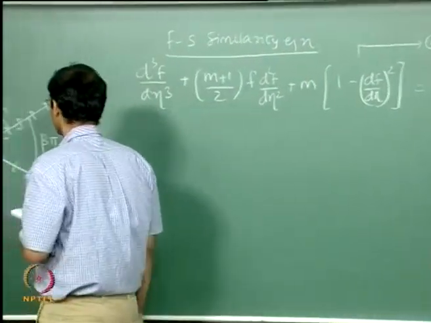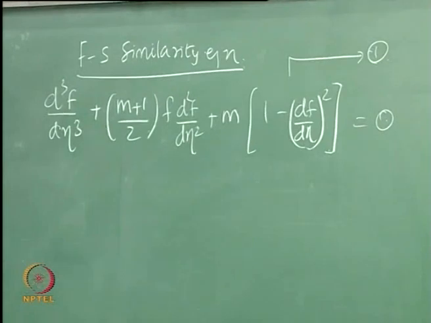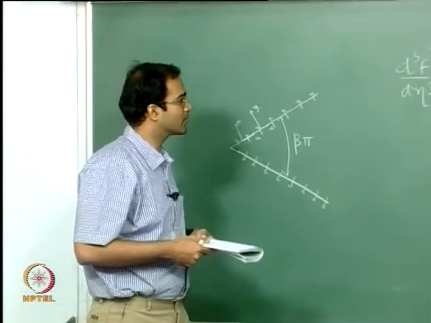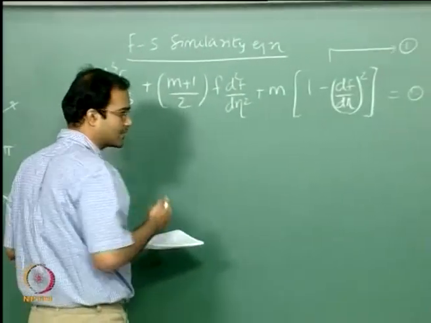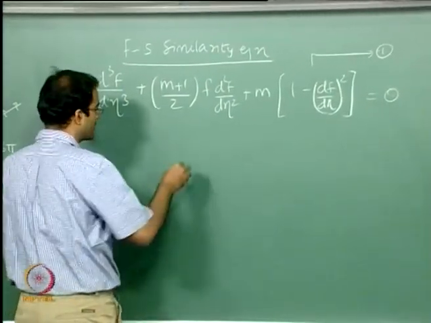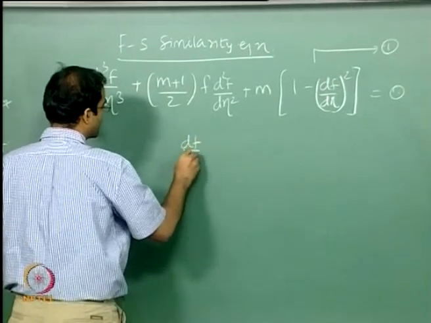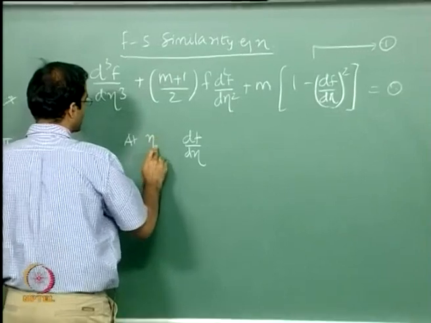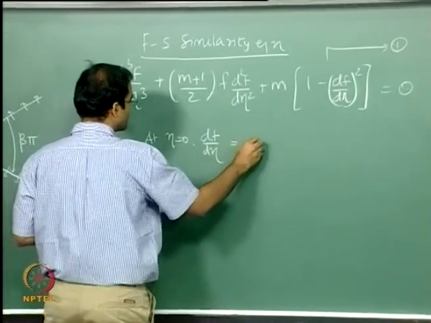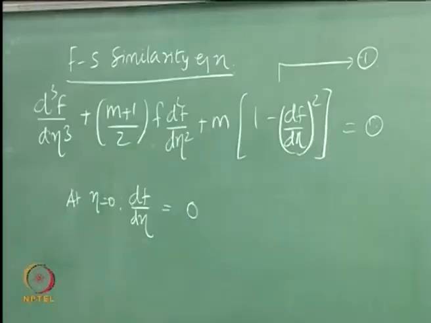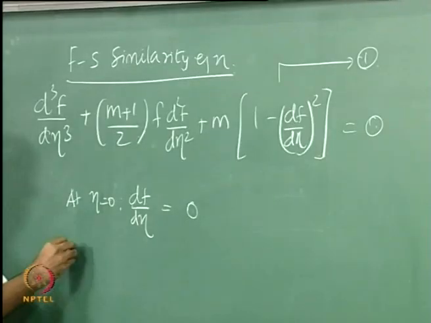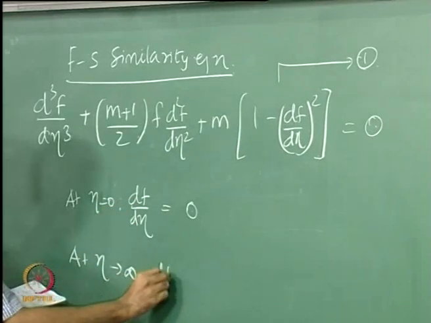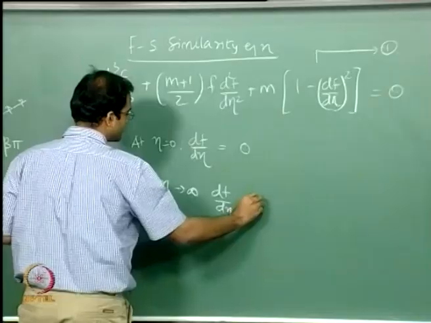The equation is the same, the only thing that you need to modify is the boundary condition. Earlier we put the boundary condition that since u equal to 0, df by d eta at eta equal to 0 should be equal to 0, and at eta going to infinity this should be equal to 1.